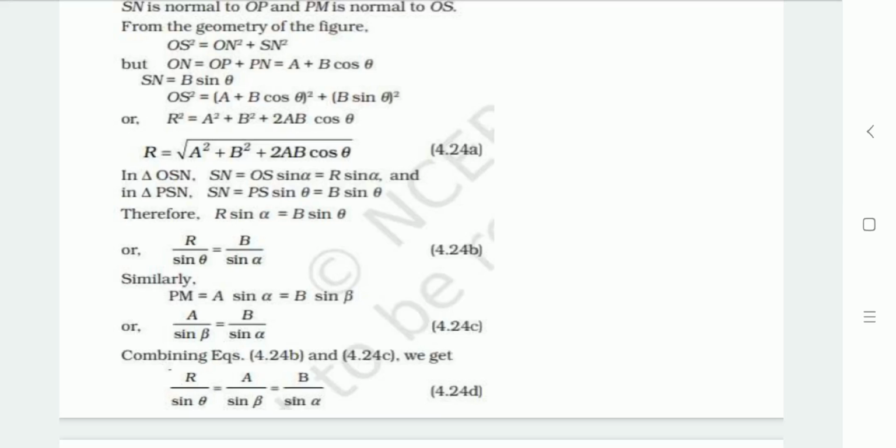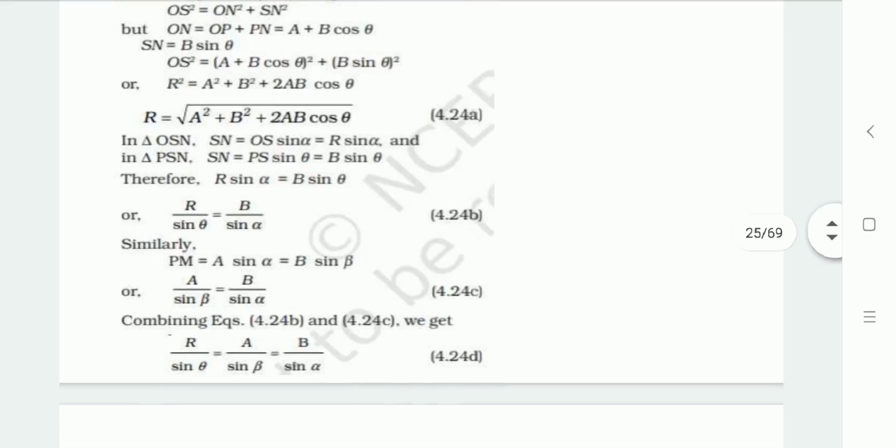In the same way, with reference to the beta angle, PM equals A sin beta equals B sin alpha. So equate both the values of PM. So that would be A upon sin beta equals B upon sin alpha.